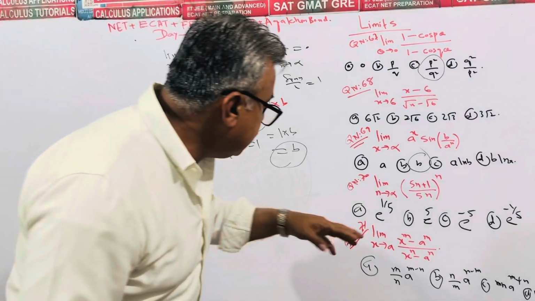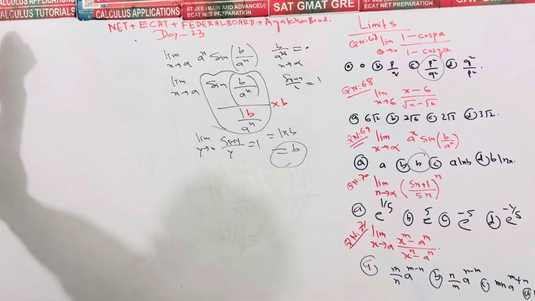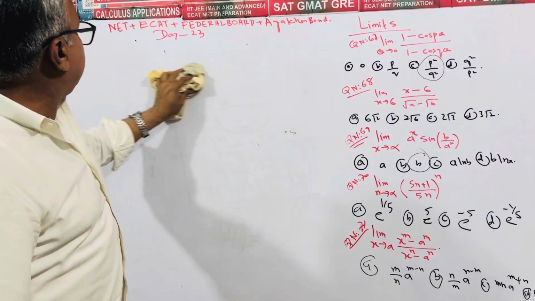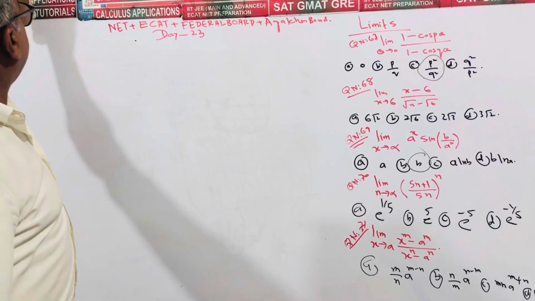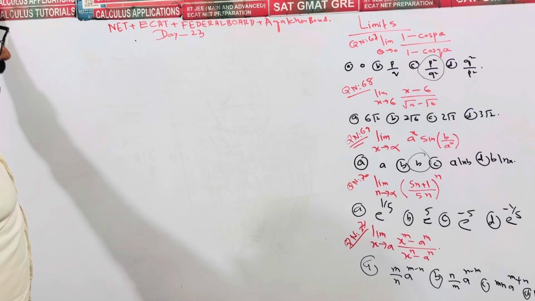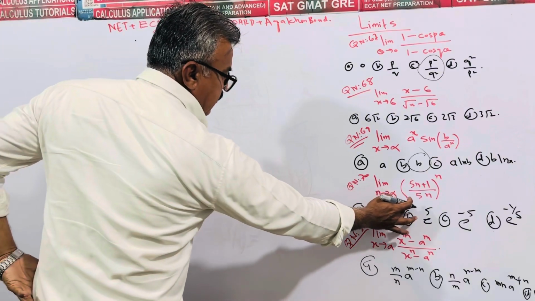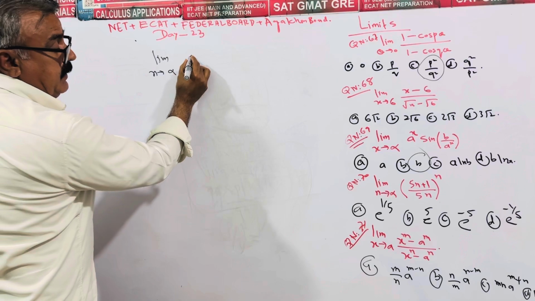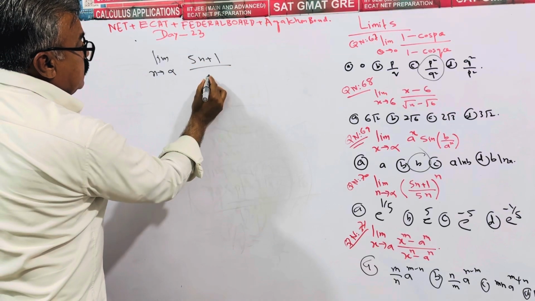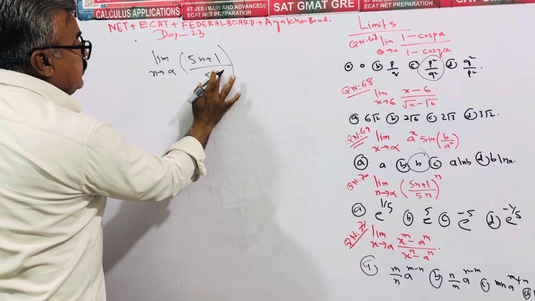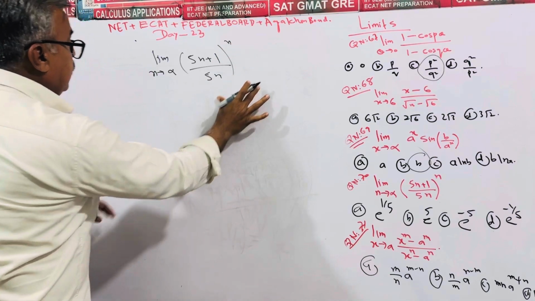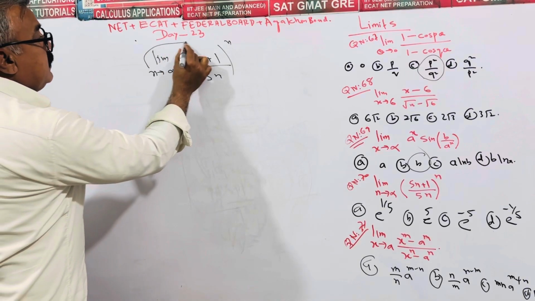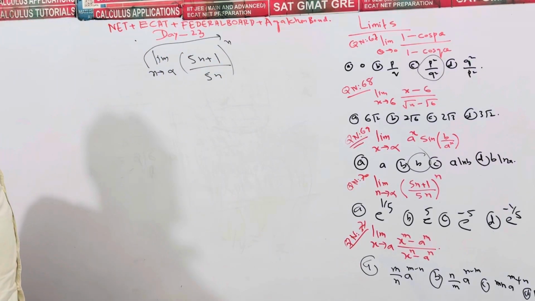What is our next question? Limit n tends to infinity. A good one. For limit questions, either the limit is any real number or it is infinite. Let's see in that case. Limit n tends to infinity, (5n plus 1) over 5n, raised to the power n. In the case of infinity, when the overall power is a variable, there are two possibilities.